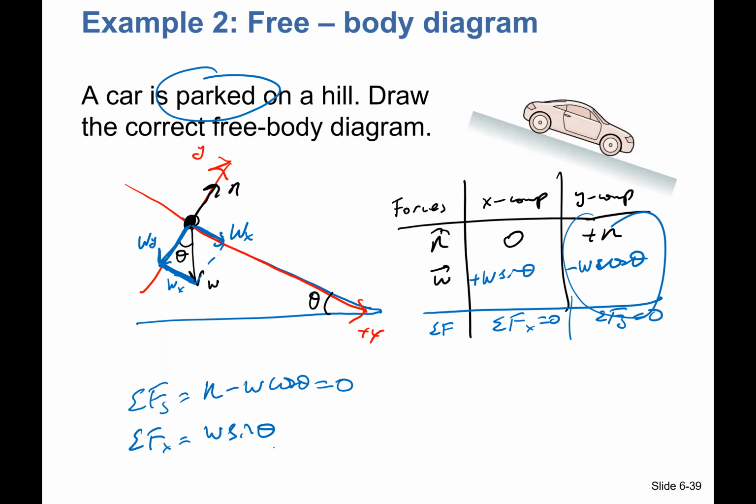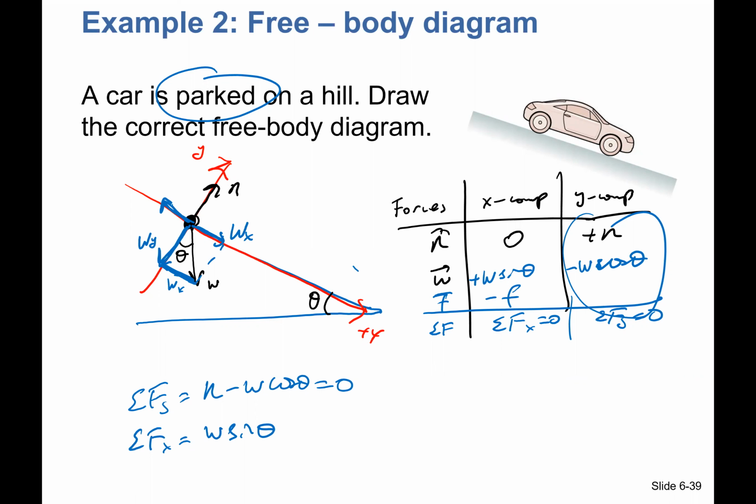That means there's another force there. Again, that force in this case is friction, and it's acting in the negative x direction. Friction is always acting in the direction opposite to the motion. If the object is moving to the right, friction acts to the left.